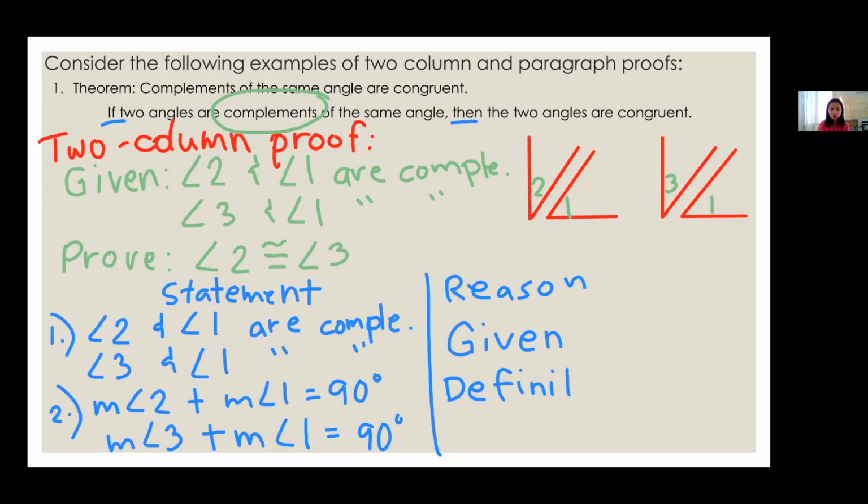Dapat talaga familiarize kayo sa definition ng mga bagay-bagay sa math po, sa mga angles, sa rays, complementary, supplementary angles, and others po. So, by the definition of complementary angles. Again, we can say that the measurement of angle 2 plus the measurement of angle 1 is equal to 90 degrees since by the definition of the complementary angles po.